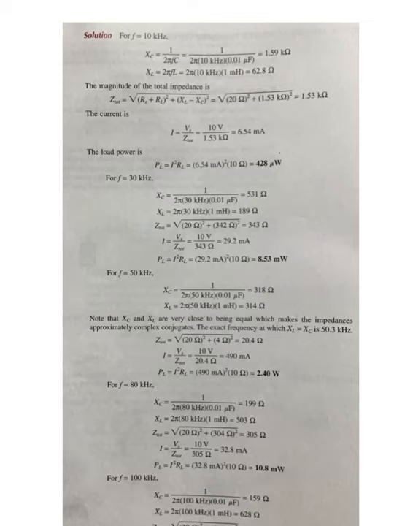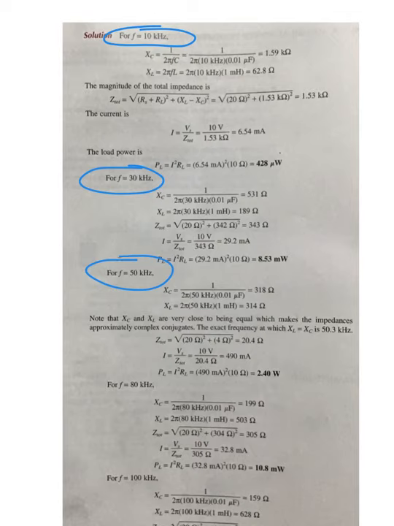At 10K, at 30K, at 50K, and at 80K, they went through the process of calculating X sub L and X sub C. Now, the magnitude of the total impedance, if you add and subtract all of these, this is their Mickey Mouse equation that they use in the book.